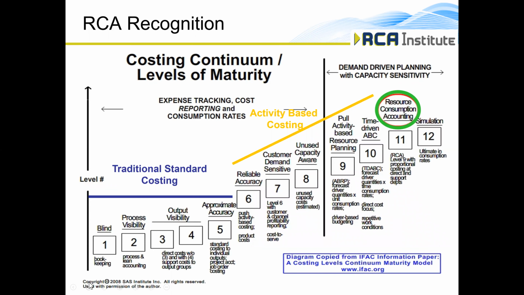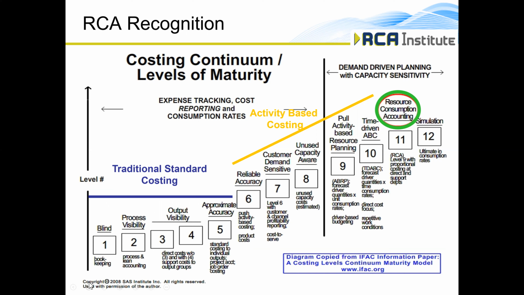This slide shows where RCA fits in the continuum. This diagram, at least the number parts, not the more colorful parts, was put together for the International Federation of Accountants, Professional Accountants in Business Committee. They did a document called the Costing Continuum Levels of Maturity.